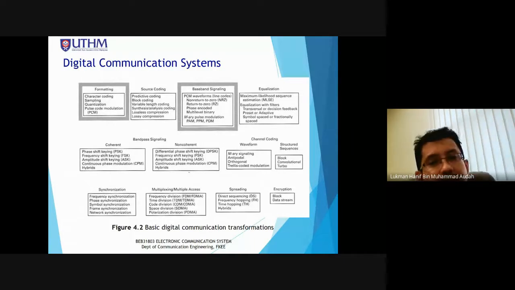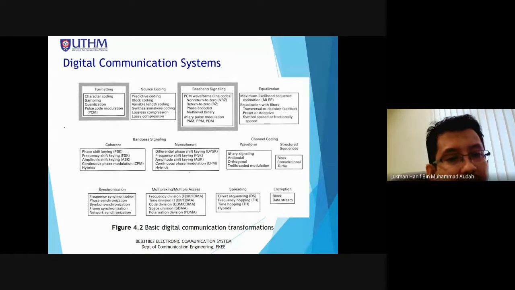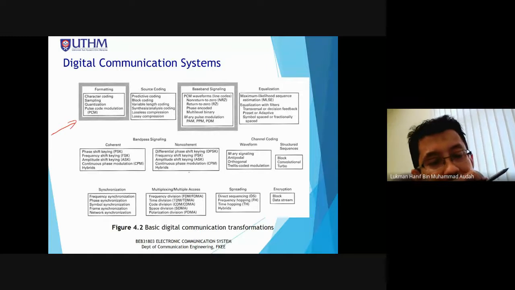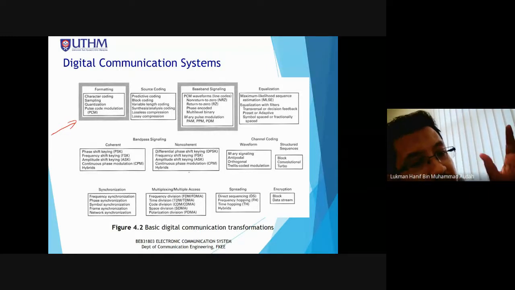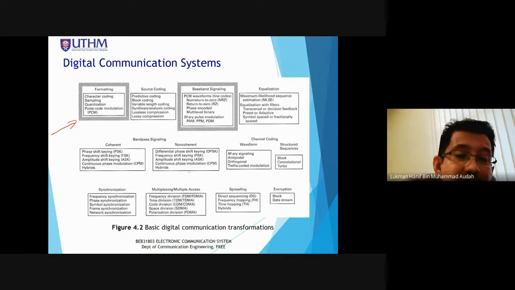Inilah dia beberapa block diagram. Tadi kita lihat ada formatting process. Yang pertama adalah formatting process. So formatting process is the process to change the analog input to the digital signal. Kita nak jadikan dia dalam bentuk digital.